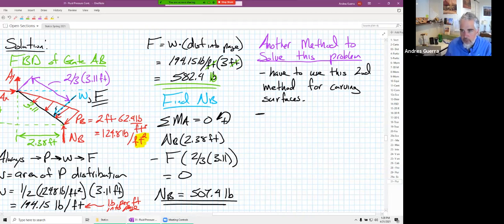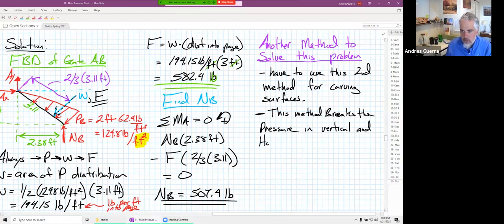What this method does is break the pressure into vertical and horizontal components. So this one we can use if we have a curving surface.